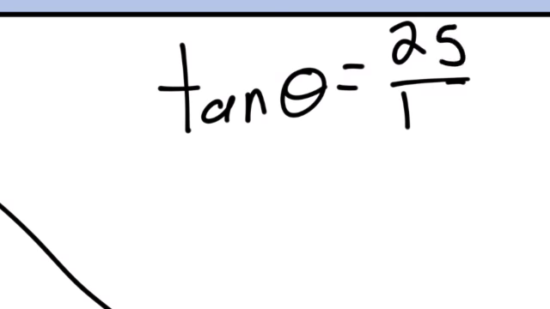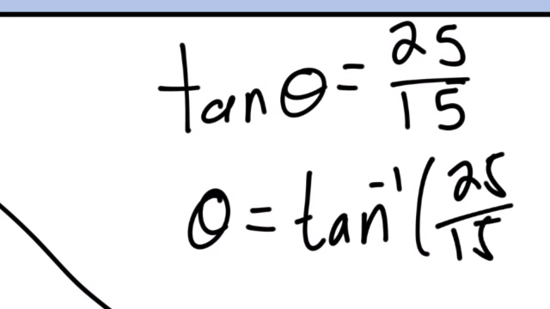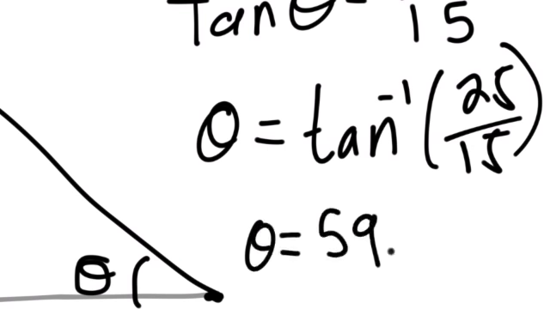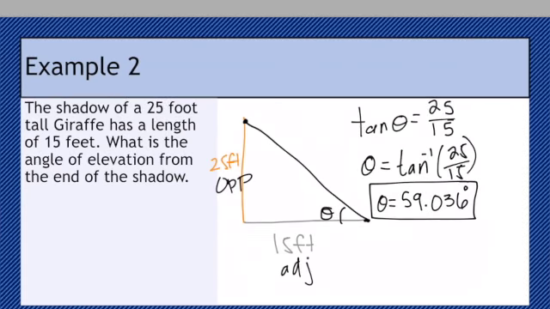So 25 and 15. The way we solve for angles is we do the inverse. So theta is equal to the tangent inverse of 25 over 15. The calculator says that 25 divided by 15 gives 59.036. Let's go to the hundredths place: 59.04 degrees. And we're all done.